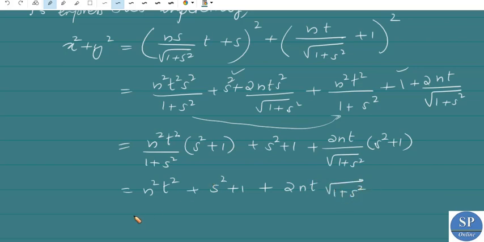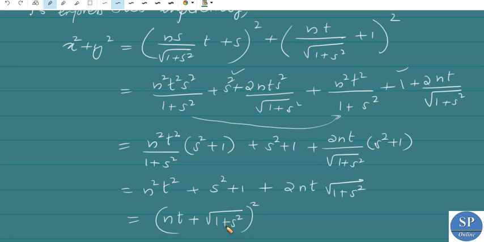So this can be written as the square of nt plus square root of 1 plus s square, right? This n square t square plus 1 plus s square plus 2 into nt into square root of 1 plus s square.